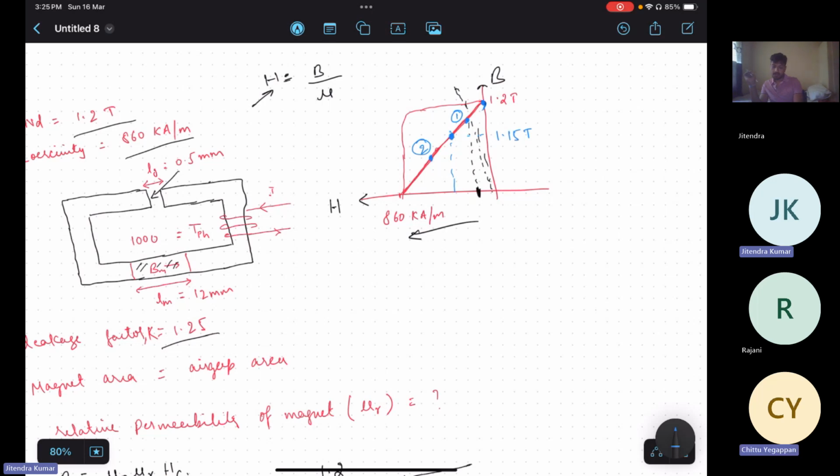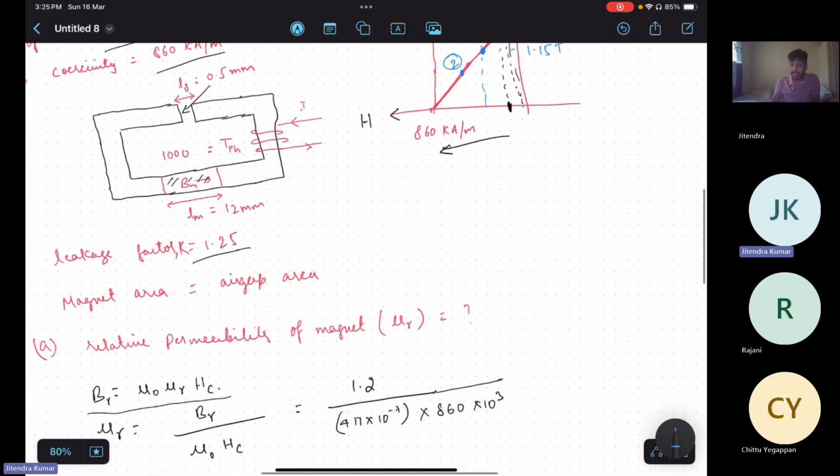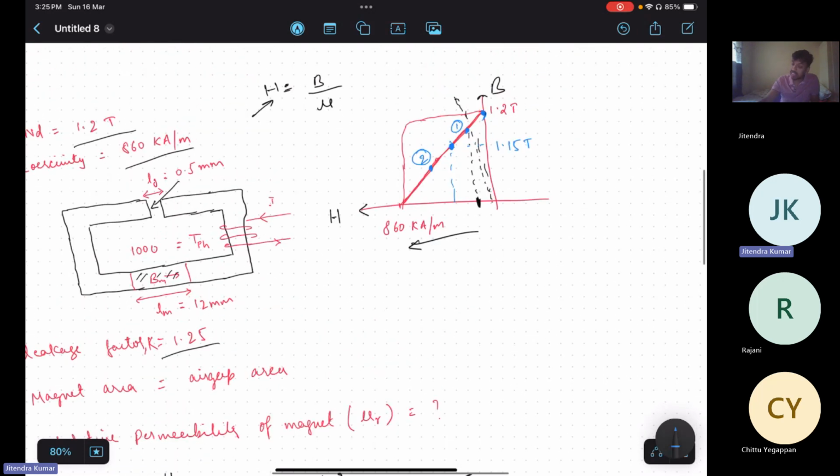I think it is point one, sir. Point one. Excellent. Why? Because now we have less load. Only the core it has to cater. The permanent magnet has to establish flux in the core only. So that is not much in terms of loading, and that's why this B will move slightly on its load line or demagnetization line. So I hope you got the idea how this B varies with the load.